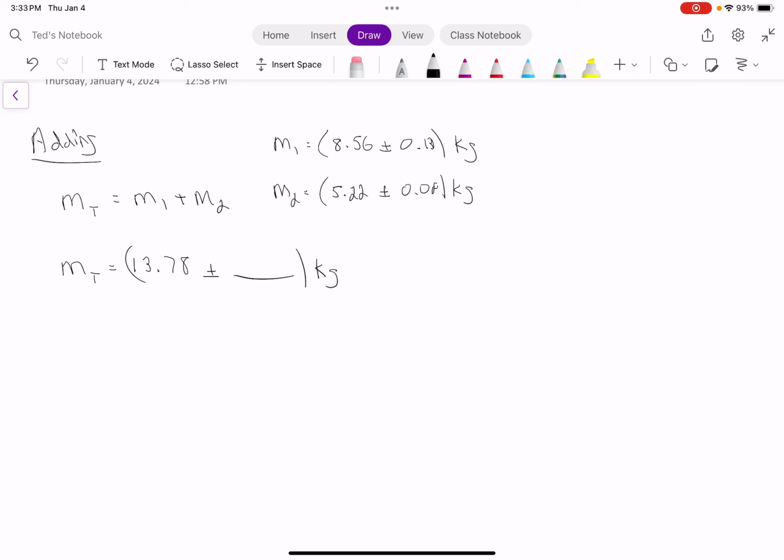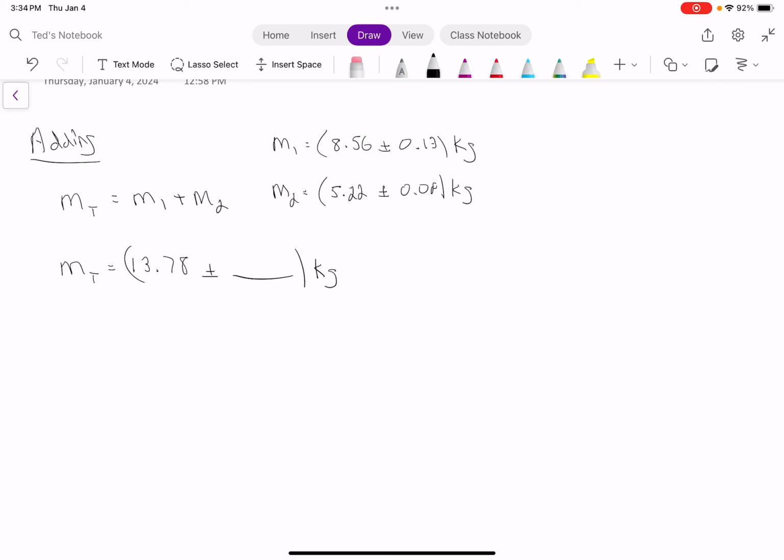So let's do it sort of without knowing what the rules are. What's the biggest the total mass could be? Well, the biggest the total mass could be is when the first mass is as big as it can possibly be, and when the second mass is as big as it can possibly be.